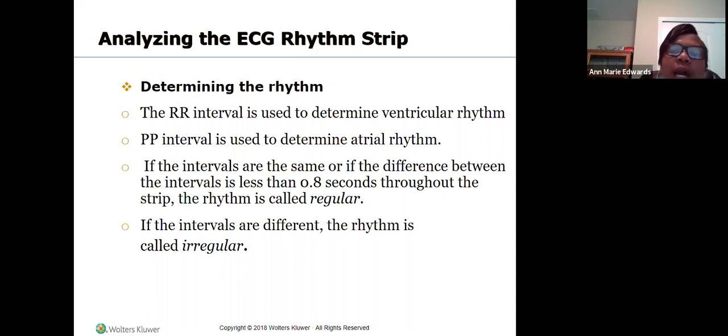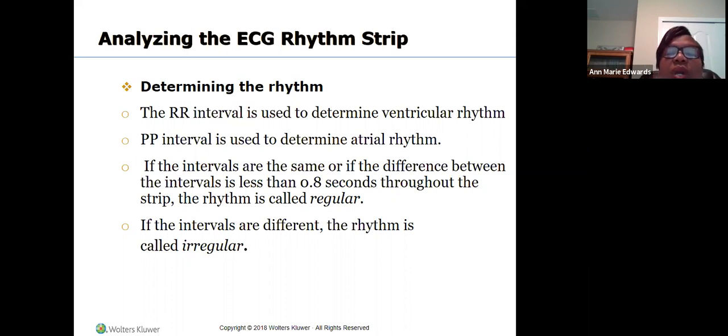Now we're going to look at how we're going to determine if the rhythm is regular or not. The R-R interval is used to determine ventricular rhythm. And the PP interval is used if we're looking at atrial rhythm. Remember, we can count atrial rate too by the same methods that we discussed, but we would look at P waves because atrial contraction is evidenced by a P wave, okay?